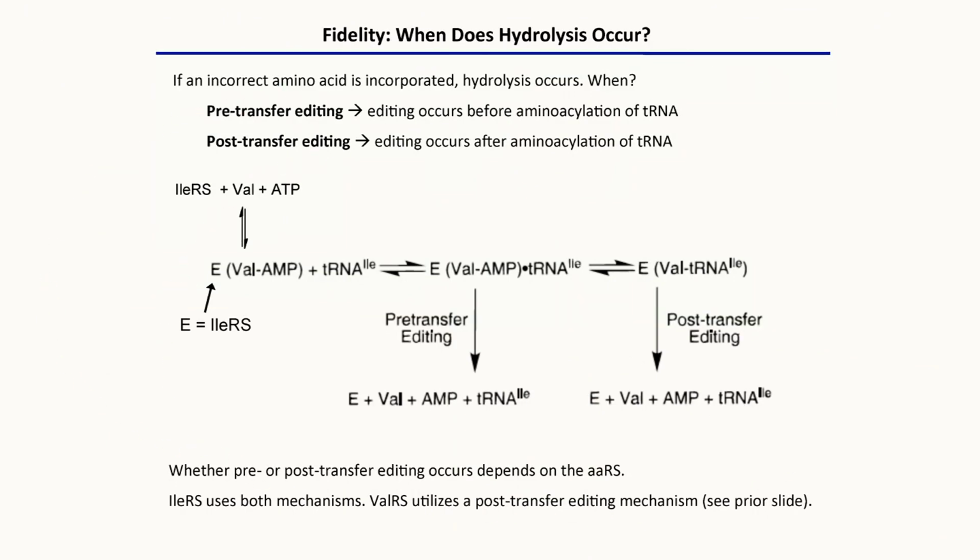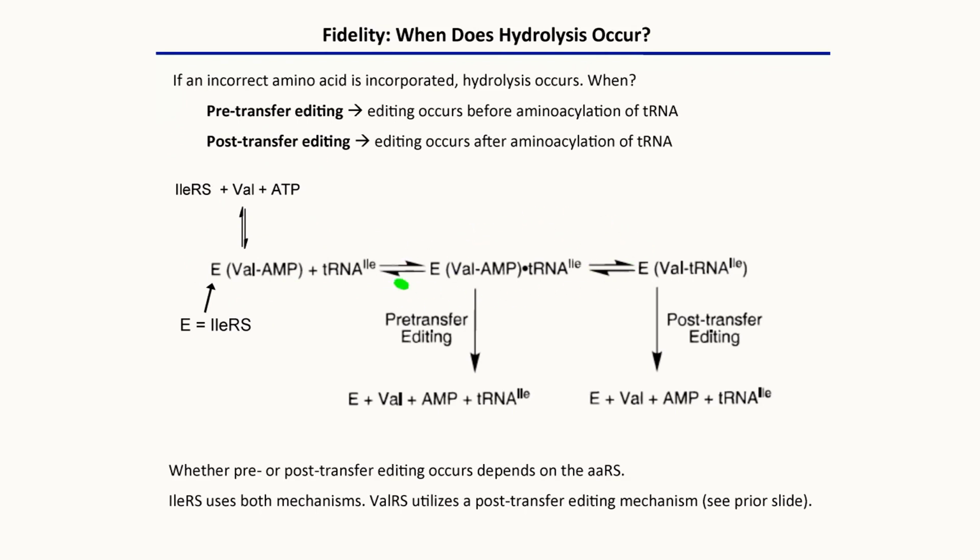So what do we have? We have the aaRS responsible for modifying tRNA for isoleucine, and we combine that with valine, the wrong amino acid, and ATP. What happens? So E is for enzyme. We have formation of the aminoadenylate intermediate. Here's the tRNA with the anticodon for isoleucine. What happens?